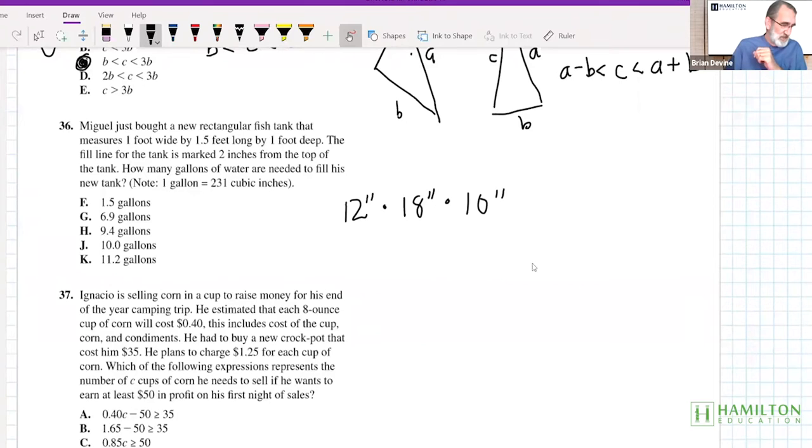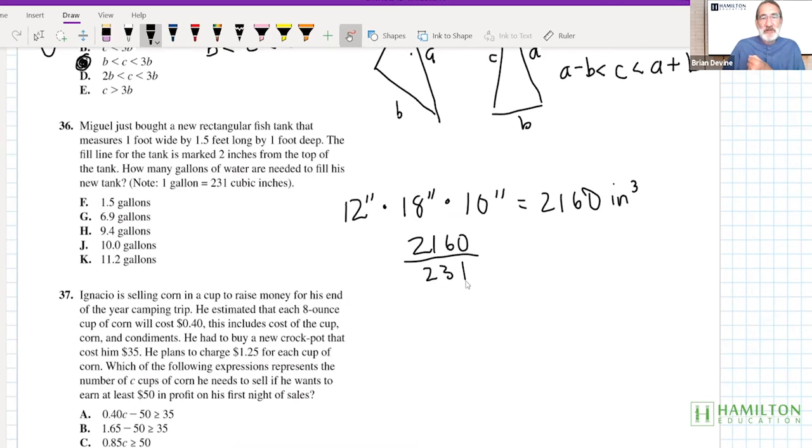So the volume in cubic inches would be length times width times height of the water, which is 2160 cubic inches. If I take 2160 and divide it by how many cubic inches are in a gallon, 231, this should give me how many gallons Miguel's going to need to fill his aquarium. And it comes out to about 9.4 on a calculator.